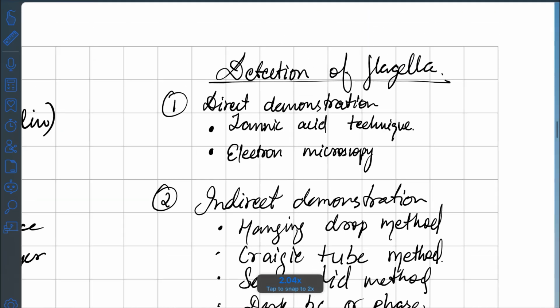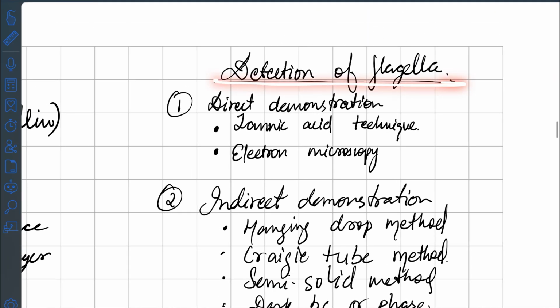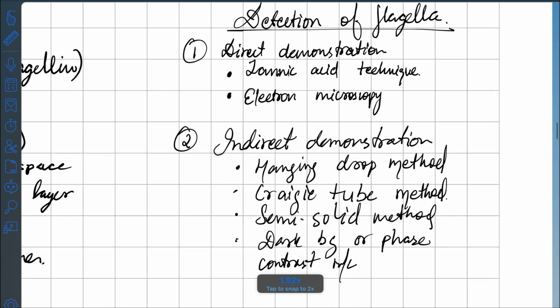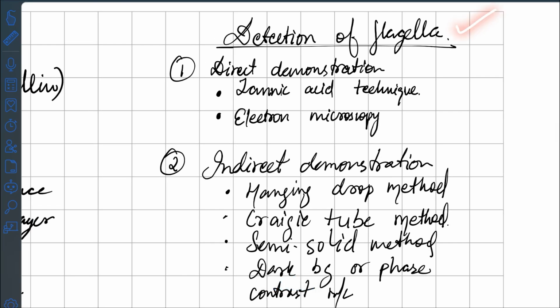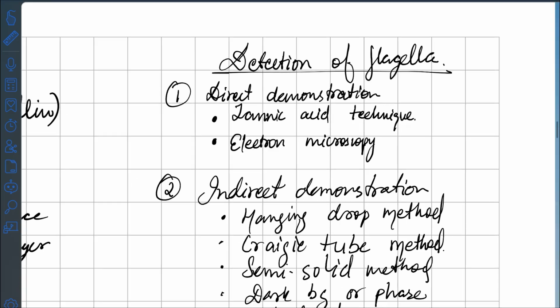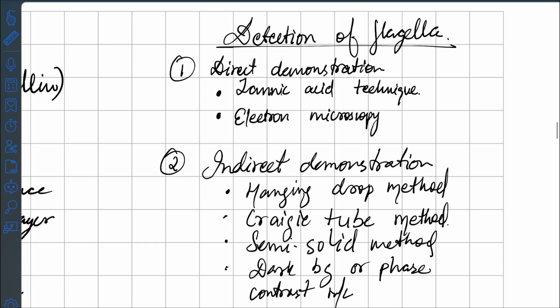Now, for detection of flagella. As we know, not all bacteria have flagella, some may be non-flagellate, and even the ones which have flagella can be of different types. So through the detection of flagella, we can actually make out which bacteria we are looking into.